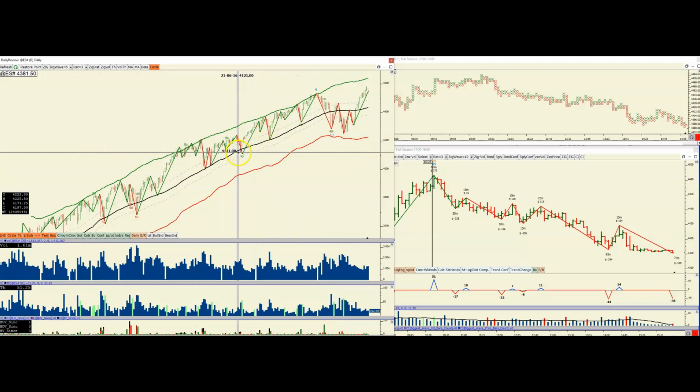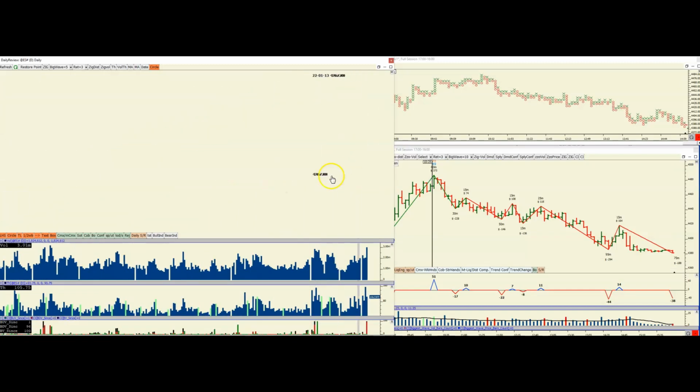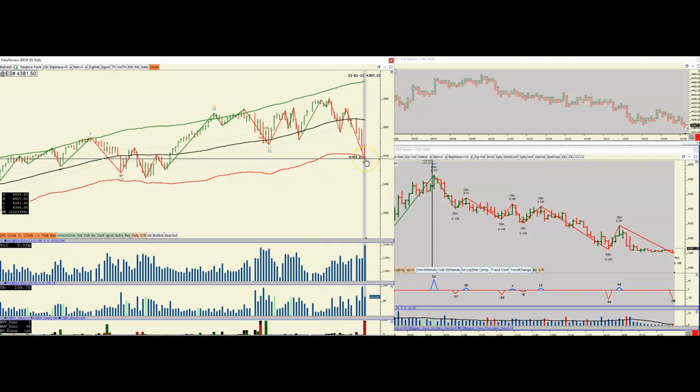But it's going to the top of the channel, like near the top, and then pulling back real nice. What I really don't like is this. When it hit the bottom of the channel, that is a big problem, because the data point is on the downside now, right? So they better pick it up, because if it starts making lower lows and lower highs in that down channel, it's a downtrend.